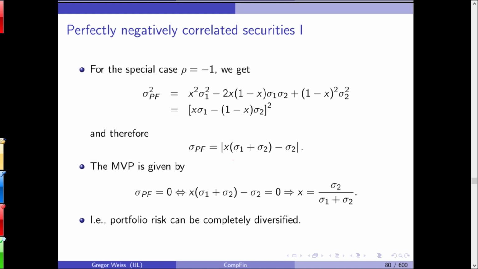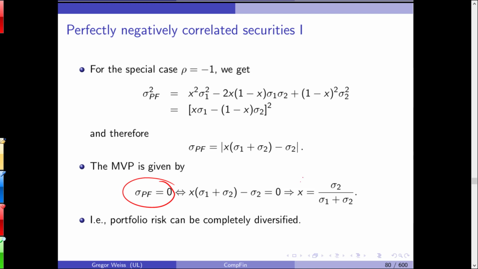Last case, perfectly negatively correlated risks. Rho is equal to -1. We do the same thing as for rho equal to 1 and rho equal to 0. Plug it into mu PF and sigma squared PF. Again, the minimum variance portfolio is given by x equal to sigma 2 divided by sigma 1 plus sigma 2. Portfolio risk can be completely diversified here, actually, and the portfolio risk is 0.